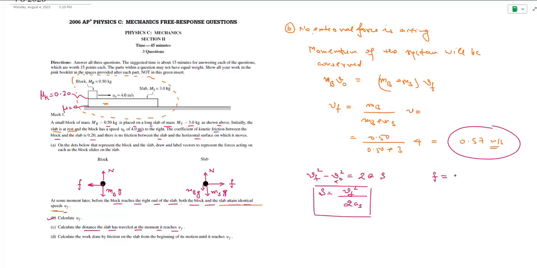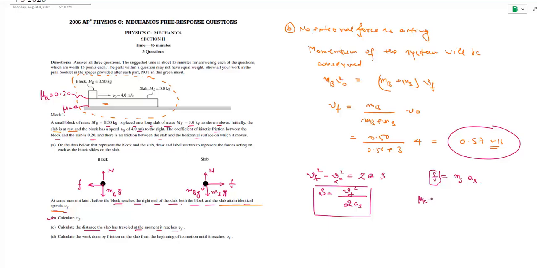So the friction force is equal to the mass of the slab times the acceleration of the slab. Now we have to find this force of friction from the other given data. The same force of friction is acting on the block also. So we can write the force of friction as mu k times the normal reaction corresponding to the block.